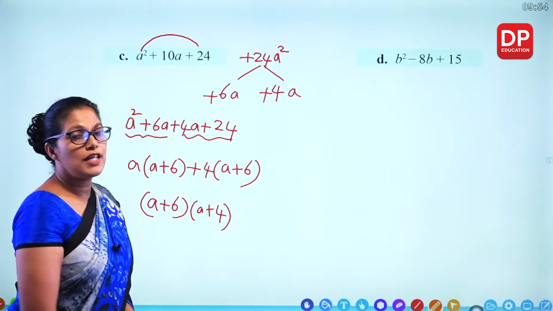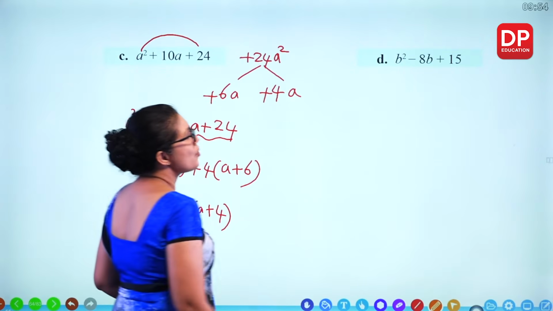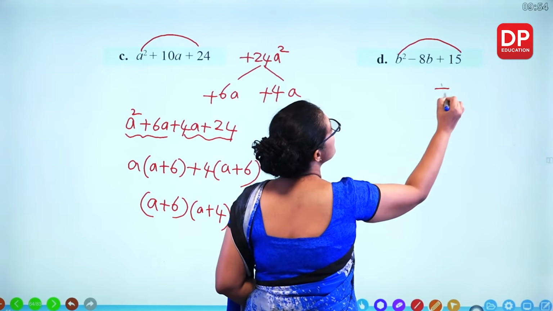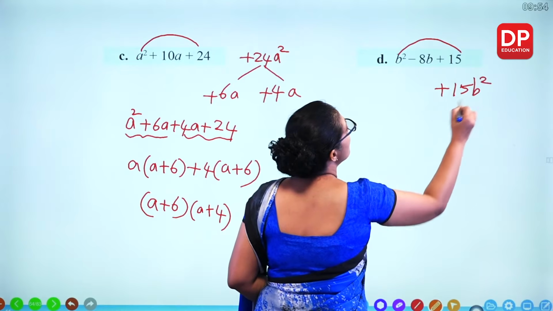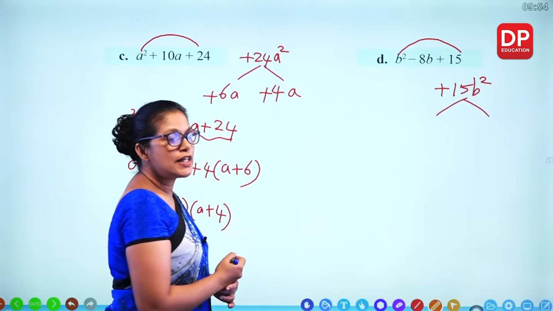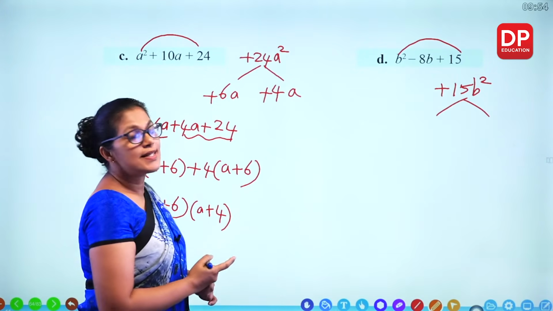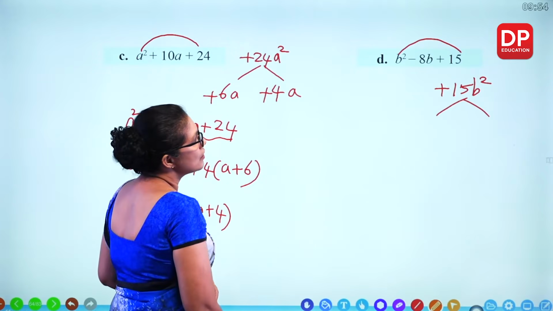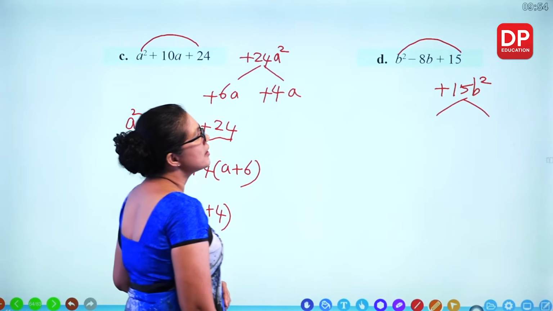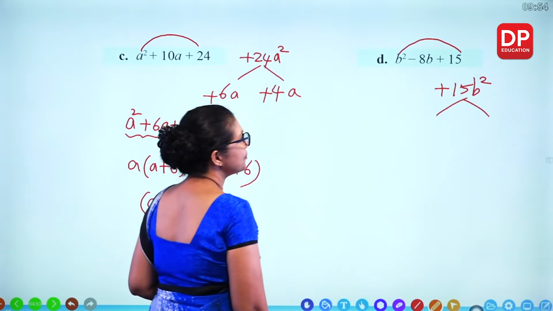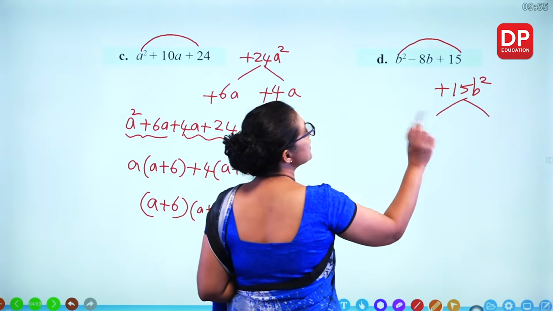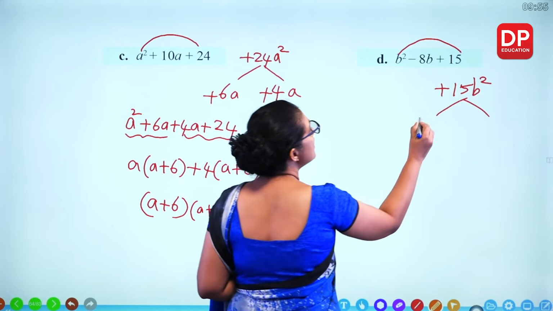This one, 15. So you get 15b squared when you multiply, plus 15b squared. What are the factors of plus 15 to get minus 8? So minus 8 means both factors are negative. Both factors negative means 5 and 3.